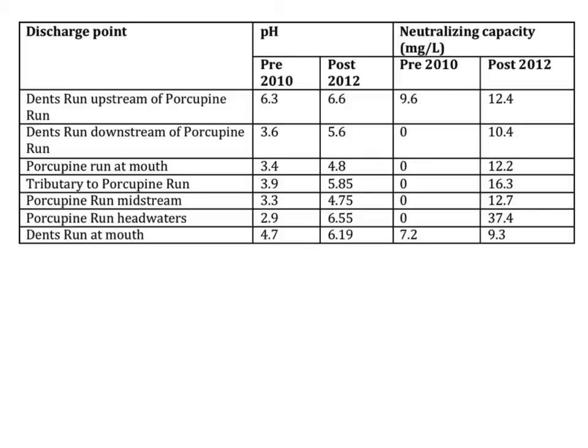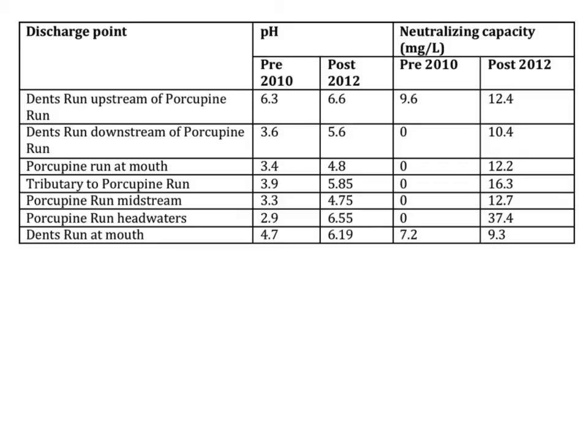So we can see very far upstream in the northern reaches of the watershed, uphill from the mine, the pH was close to a natural level of 6.6 or 6.3, which in this area of the country was fairly good. As we move downstream, however, due to acidification, the pH was reduced drastically, down to as low as 3.3 and 2.9 in different areas of Porcupine Run in this watershed.